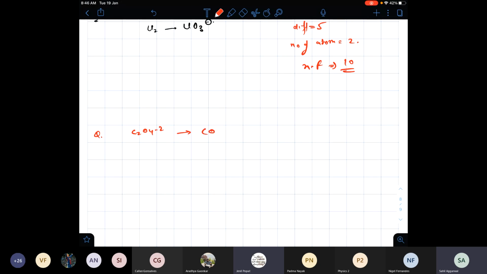Excuse me, sir, so that mass will be of the central atom only, no? No, the whole compound. Okay, sir. What will be the N factor here?